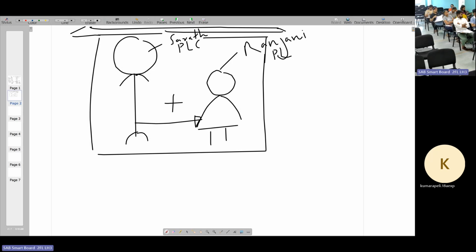Business combination. After that, we can prepare consolidated financial statements as per SLFRS 10. As per SLFRS 10, we can add these two entities together and prepare consolidated financial statements. SLFRS 3 is like marriage.